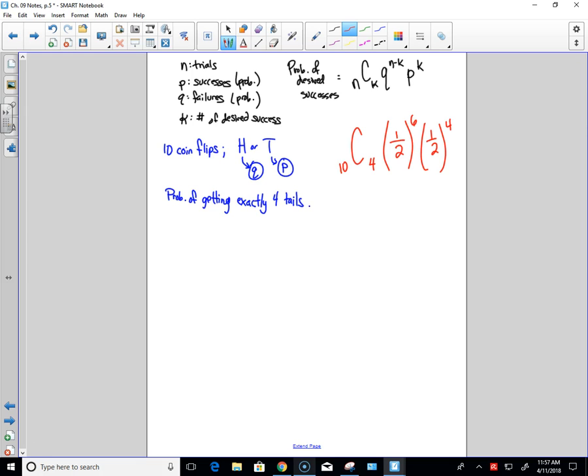Okay, so what do we get? 0.2. Keep going. It's actually 0.205. Okay. 0.205, which would be 20.5%.